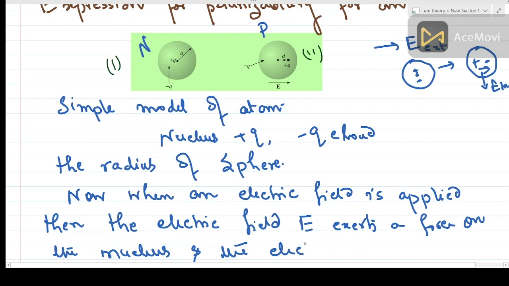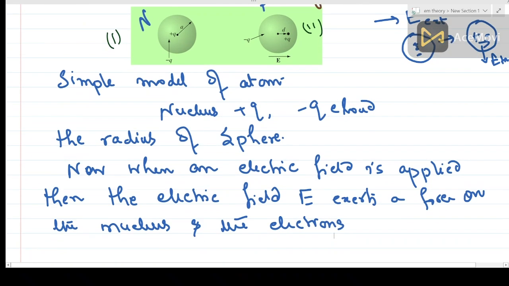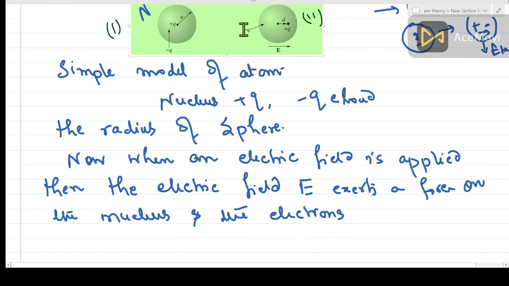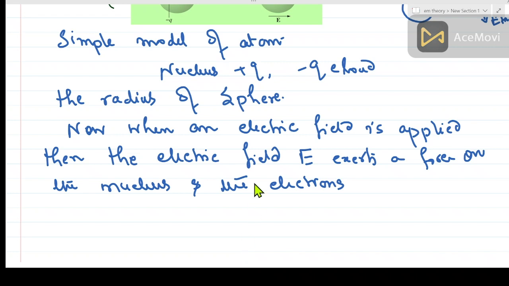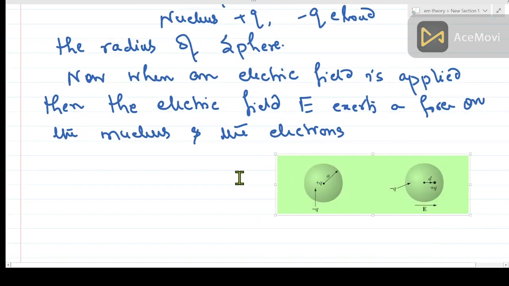For the time being, we are not considering the massiveness of the nucleus, and we know that the nucleus is very massive. It will not move, it will not be displaced considerably compared to the electrons. I am giving this diagram here also. So if this is the direction of electric field, the positive nucleus will tend to move in this direction, and the negatively charged electron will experience a force in the opposite direction because it is negatively charged.